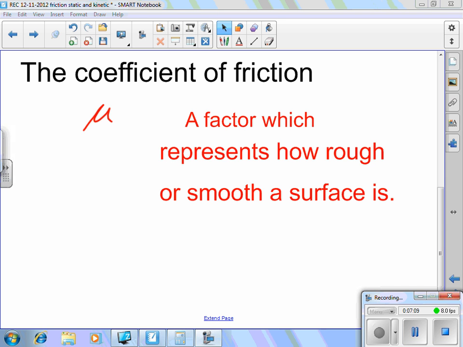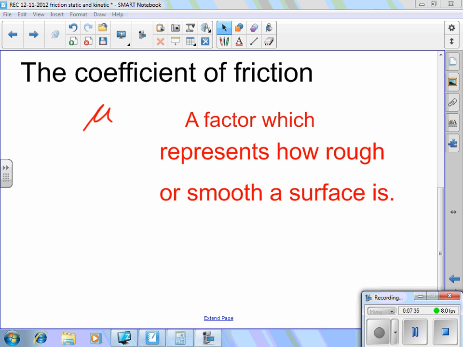I say sticky or grippy, which is kind of an interesting idea, because your shoes are pretty grippy, right? Your shoes are very good at gripping the ground. They're not very slippy. Whereas if you had ice skates on, they'd be very slippy. You'd want to slide with those. Or if you were on a wood floor and you got on a nice pair of socks, you are very slick, you can slide across the floor very easily.